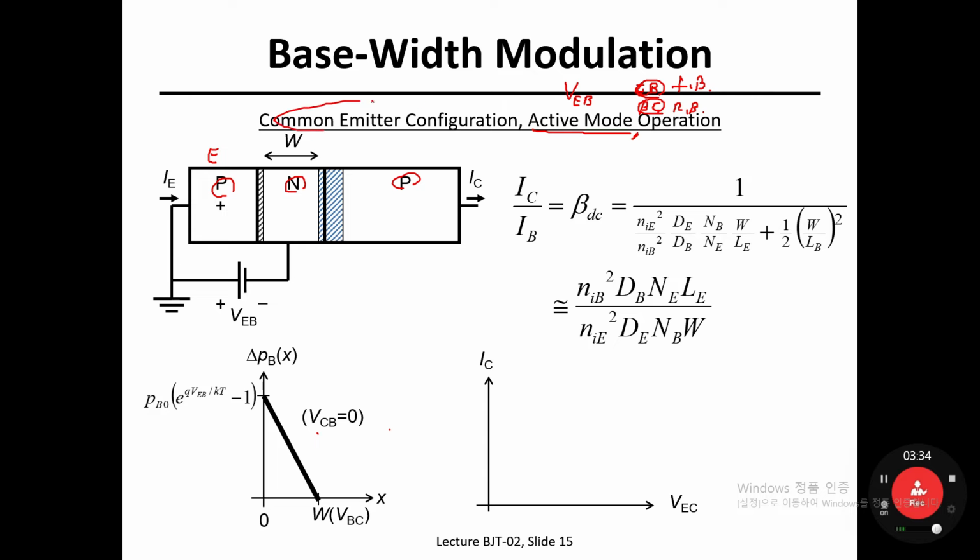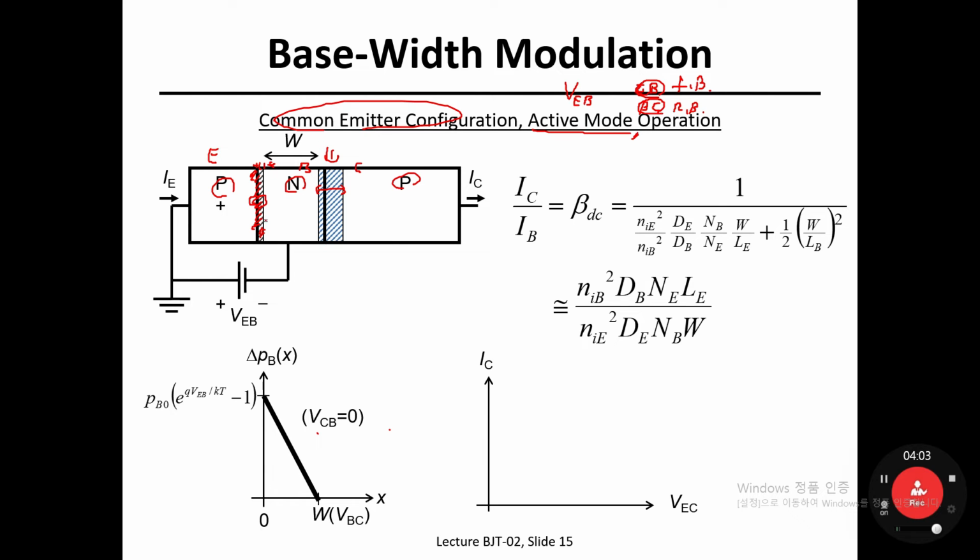So in common emitter configuration, this emitter base junction is forward biased so that the depletion layer is very small and narrow. What about the base and collector junction? Because this is reverse biased, a relatively much wider depletion layer has been well formed compared against the depletion region between emitter and base.